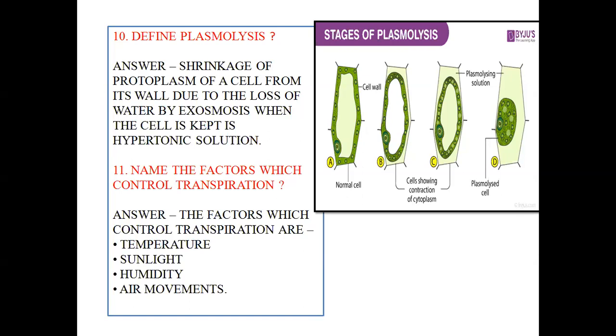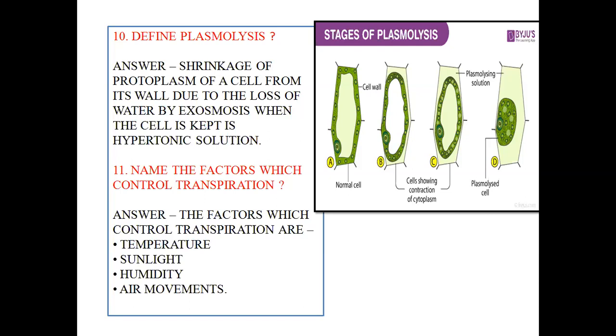Next is humidity. Humidity means the amount of water vapor present within the atmosphere. When the outside atmosphere is humid, and the inside of the leaf also contains a higher amount of water vapor, the outside and inside environment have almost equal amounts of water vapor, therefore no diffusion gradient is created.